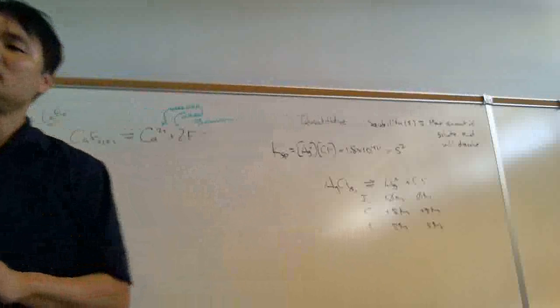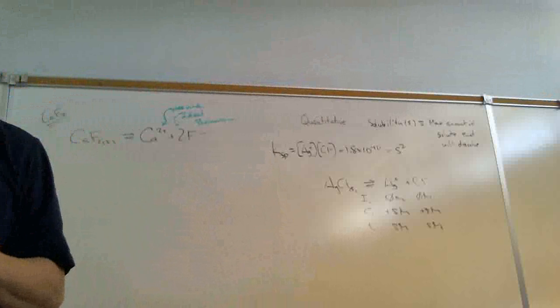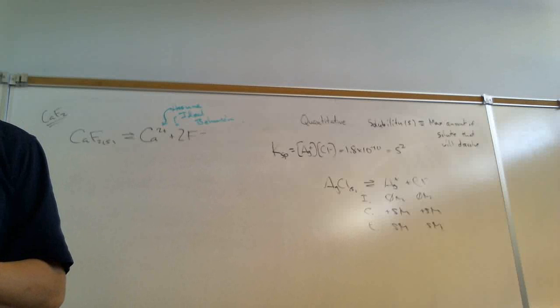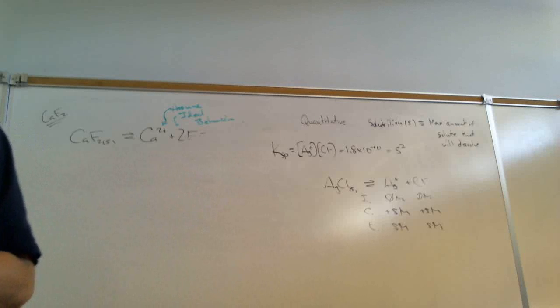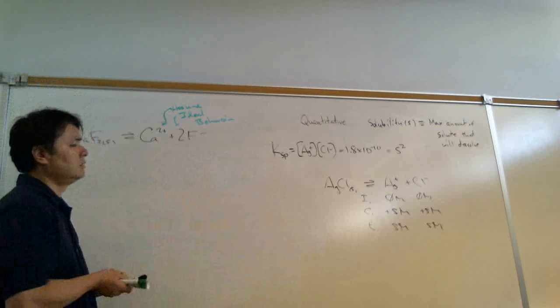The whole point of this is that when we start getting these higher charges, you should start expecting more error in your calculation. The take-home point is the higher the charge, maybe the more.